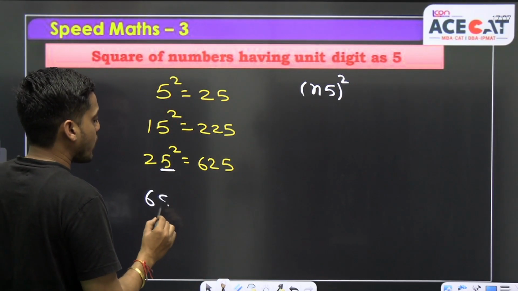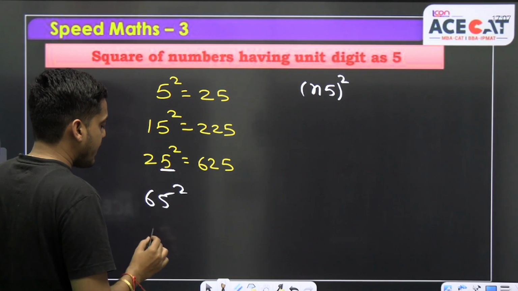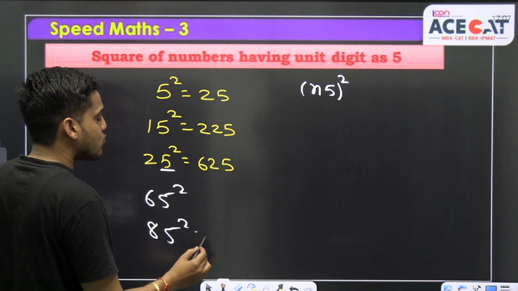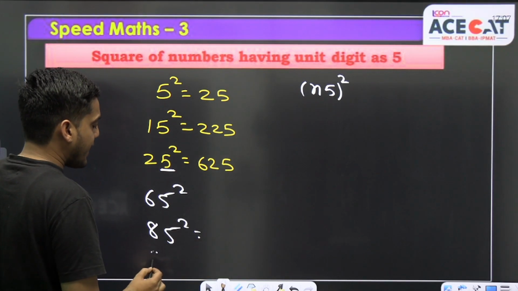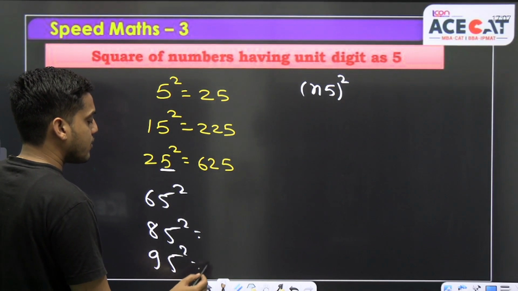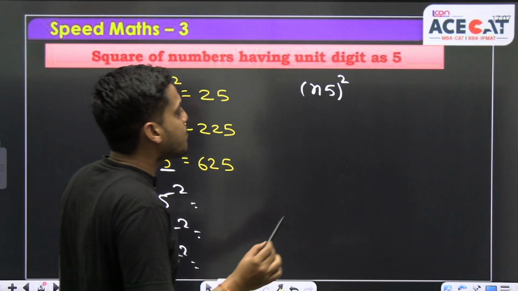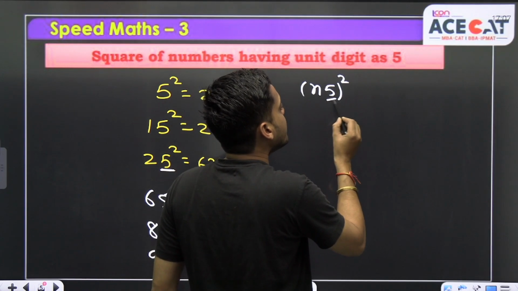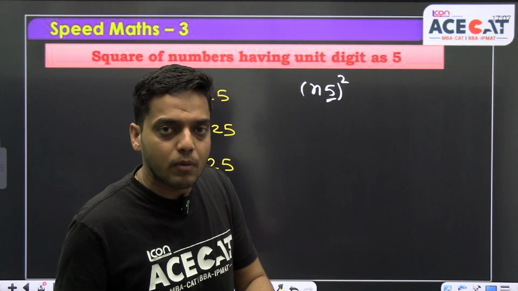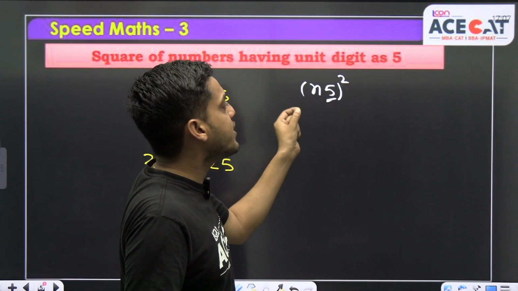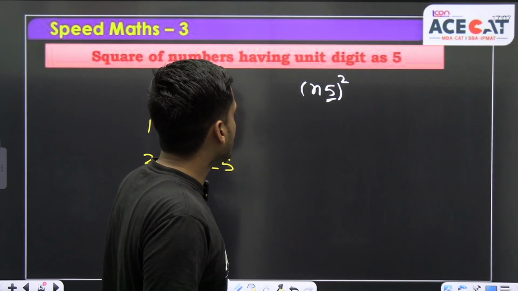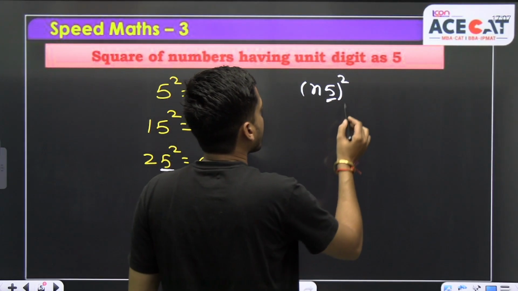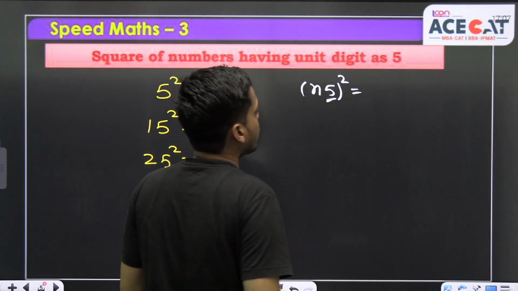Like 65 square means n is 6. 85 square means n is 8. 95 square means n is 9. But the unit place must be 5. This method will only work for those numbers in which the unit digit is 5 only. So you will say n5 square.